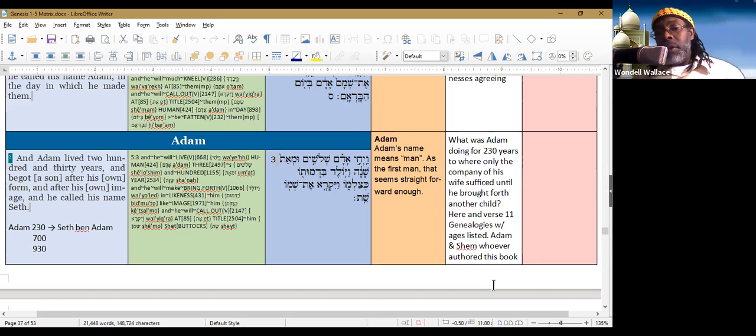But chapter 11 and chapter 5 are the only 2 genealogies that list ages. Let's just say up to this point, okay? We read Cain's genealogy, and it didn't list age. It didn't tell you how old anybody was when they gave birth, or how old anybody was when they died after they gave birth. So that's unique and that's interesting.